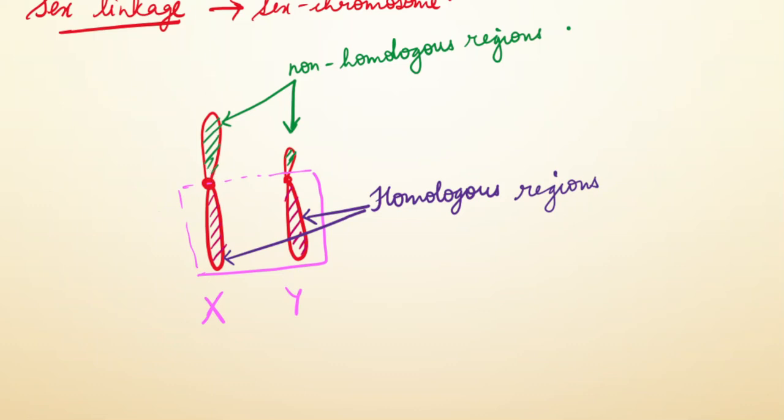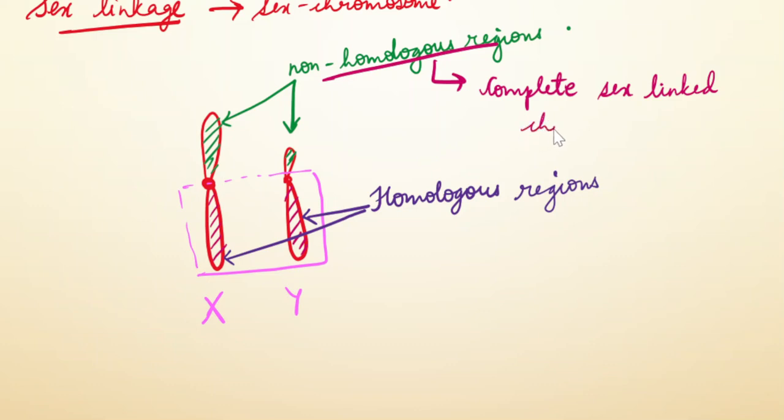On the region which I am telling, the non-homologous part, there is a presence of completely linked genes, or we can say complete sex linked genes.